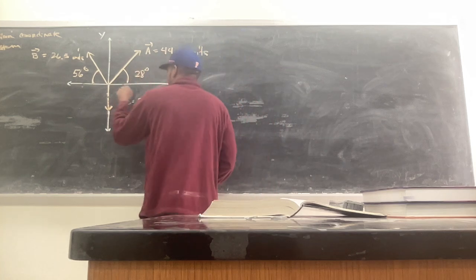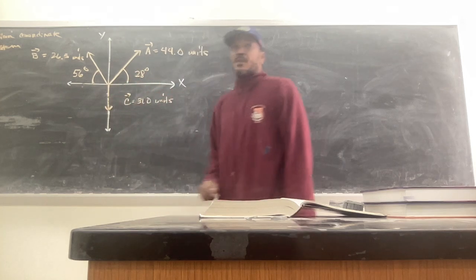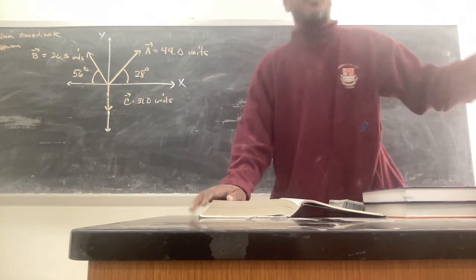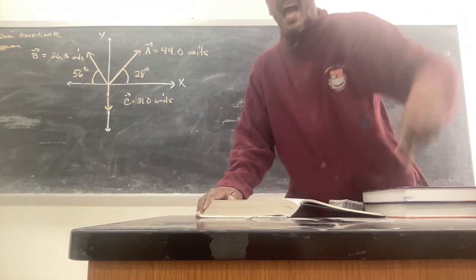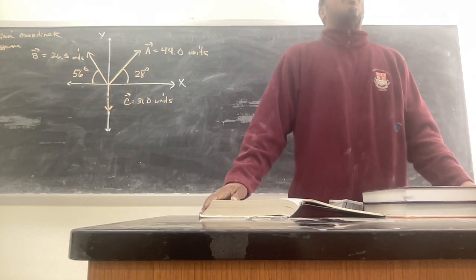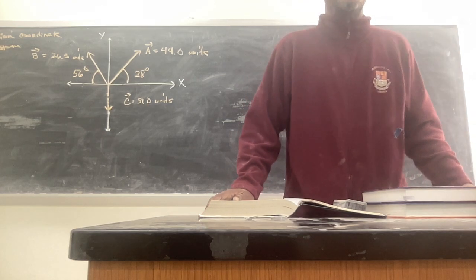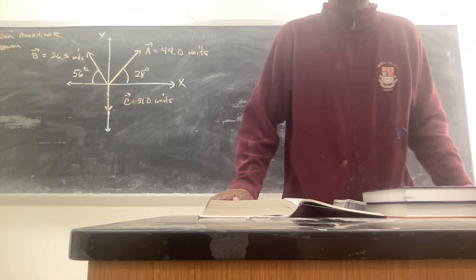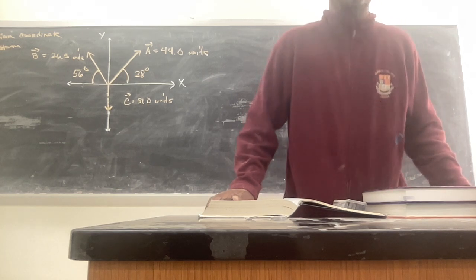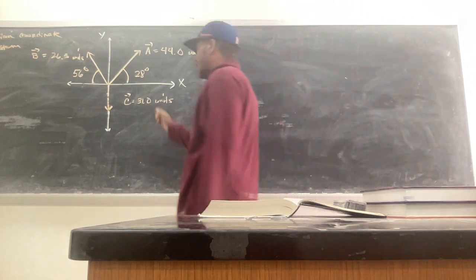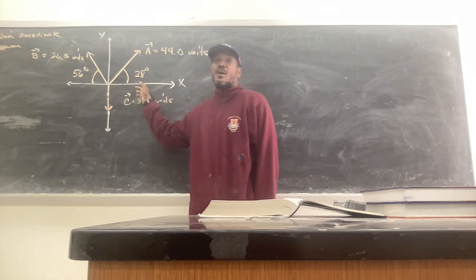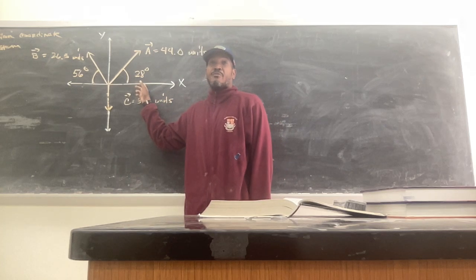So, the C vector points south, in the direction south, right? 270 degrees with respect to the positive x-axis. This is where we start when we start counting, right?